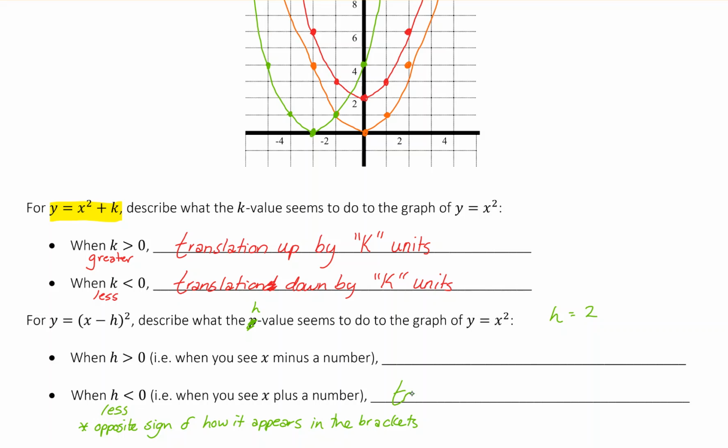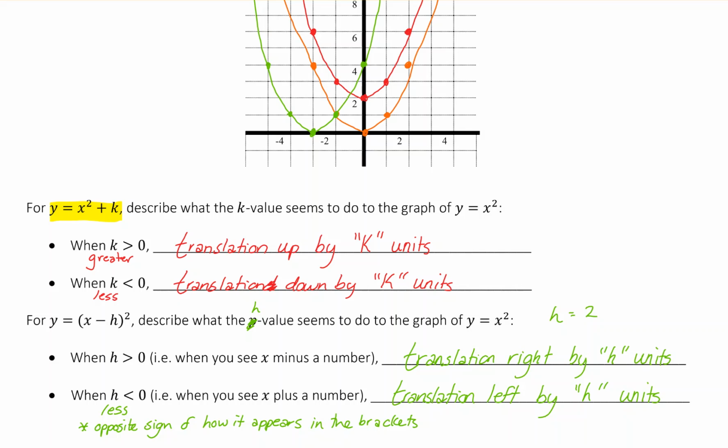Well, that would be a translation left by however many units h was. And the opposite then, you can imagine if h is greater than 0, if you see x minus a number, it would be a translation right by h units.